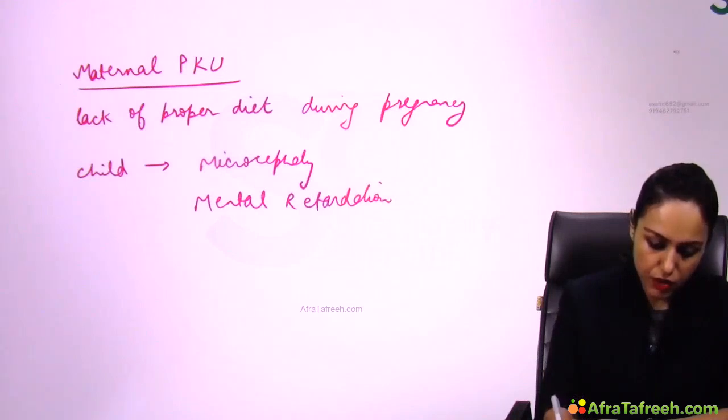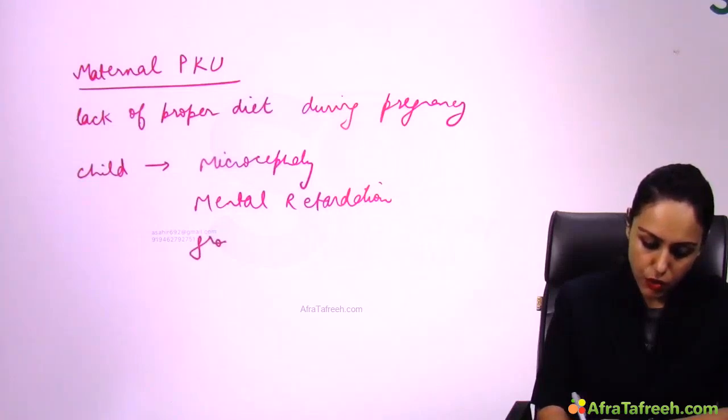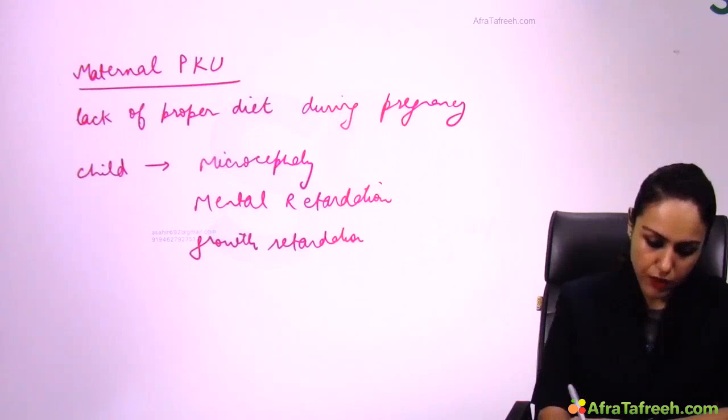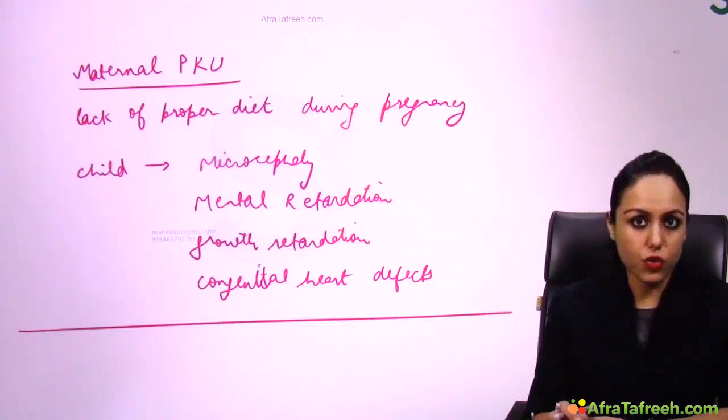In maternal phenylketonuria, the child has microcephaly, mental retardation, growth retardation, and congenital heart defects also are found in maternal phenylketonuria, right?